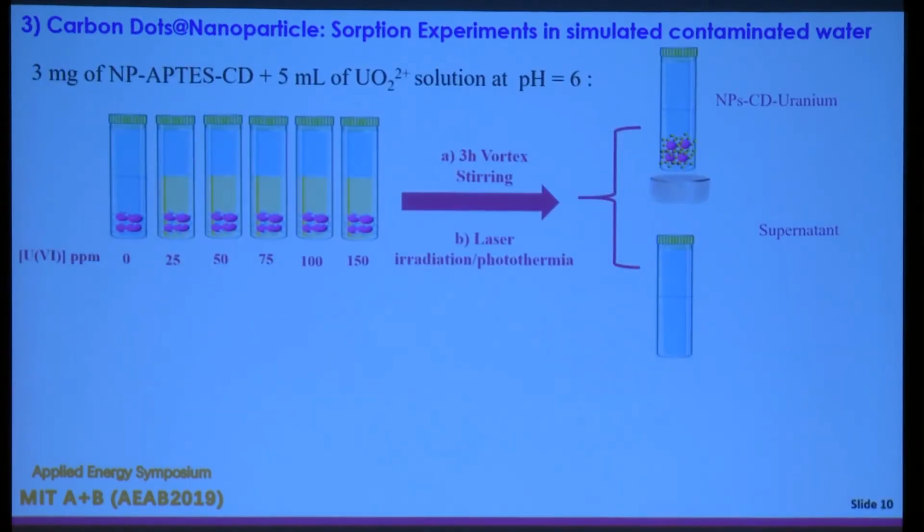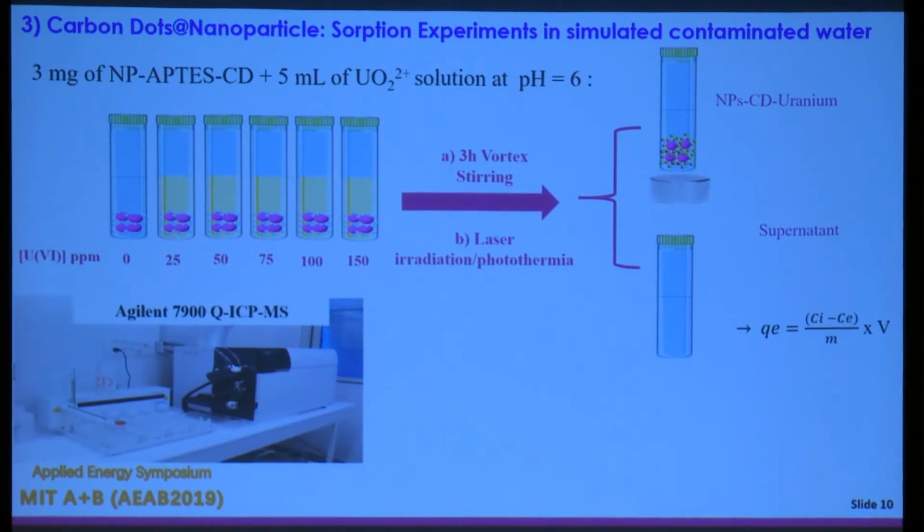Now we try to analyze the sorption property of the surface. We prepare different kinds of samples, and after some stirring, we analyze the influence of radiation. In this case, we investigate the impact of the photothermal property of the carbon dot on the sorption property.